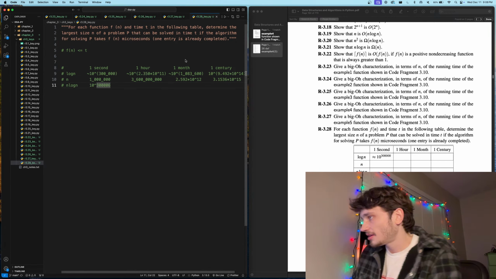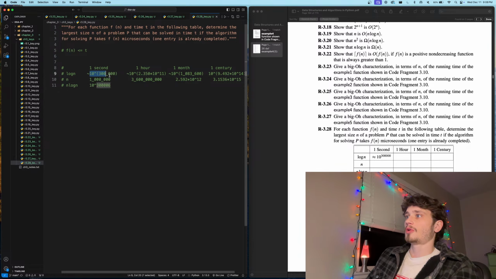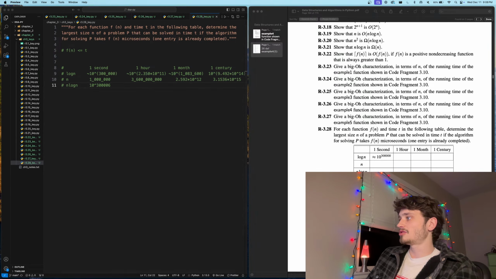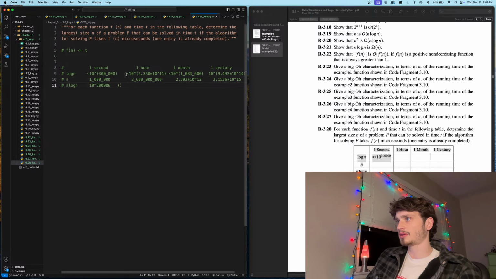I think we get the idea here. I'll come back and finish this one when I can do more high level math. But so the n log n is just going to be these two multiplied together, right? The n squared is just going to be the n value squared. And then the 2 is raised 2 to the power of this value, right? So it would be this guy times this guy. Right?